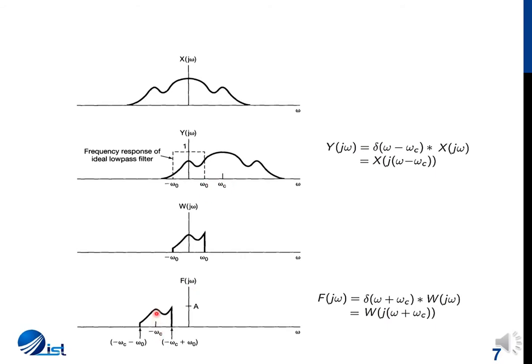Obviously, at this point the spectrum is not centered at any frequency because its shape is different, but now the spectrum is shifted to the frequency of minus omega c. So now the original signal is tuned to another frequency. In this way, band pass filters can be implemented simply through using the multiplication property.